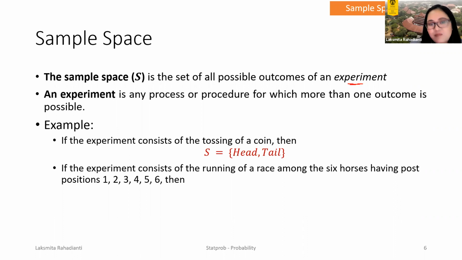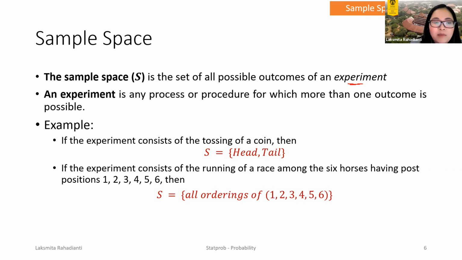the formal set notation, and please recall it from your discrete mathematics course. And the second experiment, for example, if it consists of a race among 6 horses, the sample space would be all orderings of 1, 2, 3, 4, 5, 6. So 1, 2, 3, 4, 5, 6, 1, 3, 2, 4, 5, 6, and so forth.